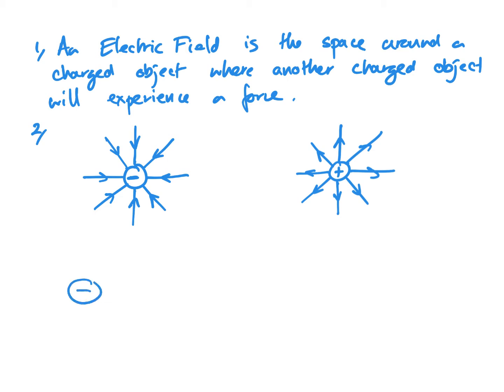What happens if we put a pair of these charges close by each other? Basically we take these two patterns and bend them round each other. If you look at the right hand side of the negative and the left hand side of the positive, they're both just coming straight, so that's a nice easy one. It is a straight line going in that direction. But the other ones get bent round a wee bit.